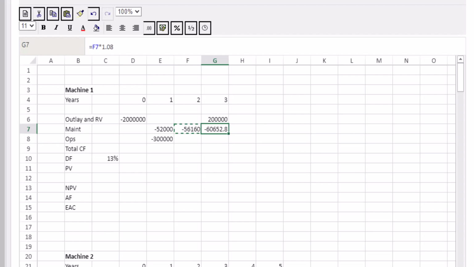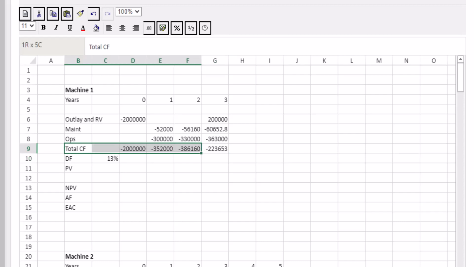The formula will work. Now do the same for ops, but this time we're timesing it by 10%, so 1.1, and again copy that across. The total is now going to be the sum of the cash flows, and again copy it across. Do not type out the sum again.